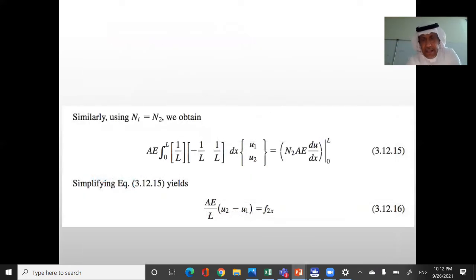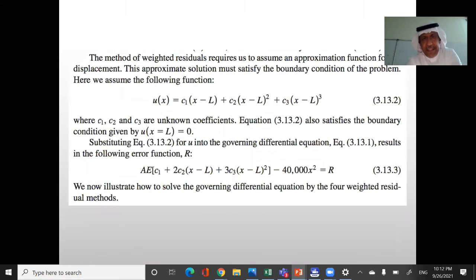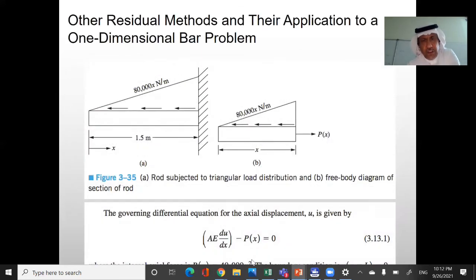Okay. And then after that, I want you to find u. How do you find u? One way to find u is to put the exact P here, and then you integrate it one time and put the boundary condition, and you will get u as the closed form solution.